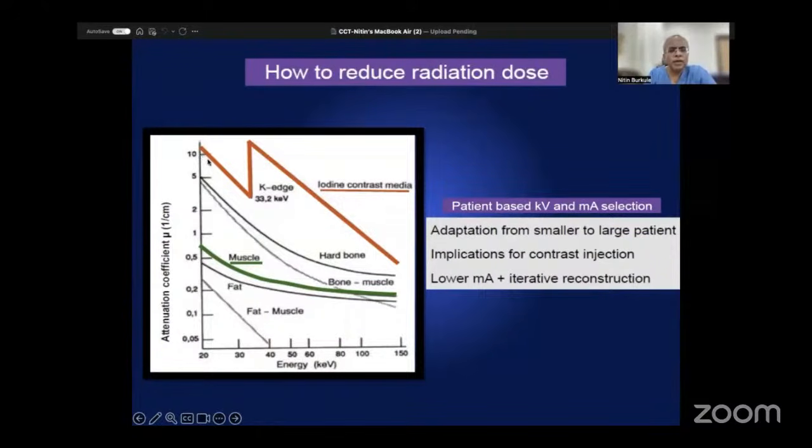Earlier the attenuation values reduce, but at a range of kVs between say 40 to 60, you suddenly have again an increase in the attenuation and then again a dissipation. So one can get a very good iodine-related contrast opacification even at lower kV energy values of the X-rays. And this particular K-edge phenomenon of the iodine contrast can be utilized for reducing the radiation dose.